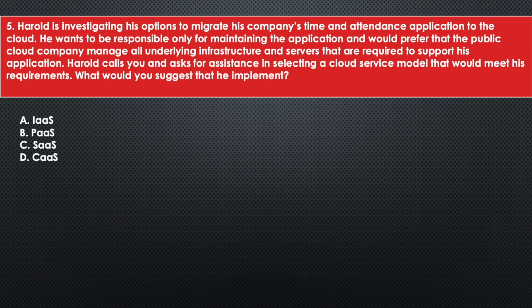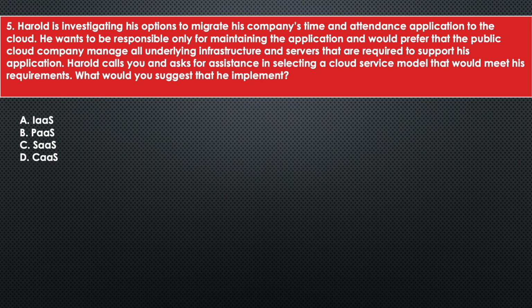5. Harold is investigating his options to migrate his company's time and attendance application to the cloud. He wants to be responsible only for maintaining the application and would prefer that the public cloud company manage all underlying infrastructure and servers that are required to support his application.